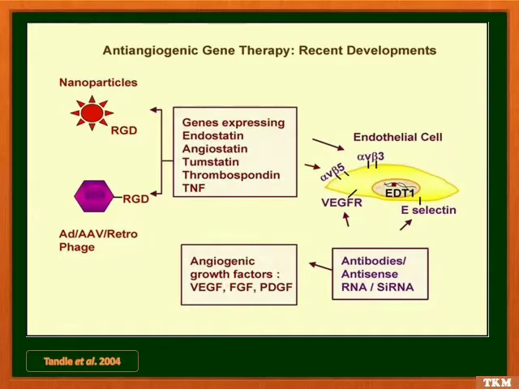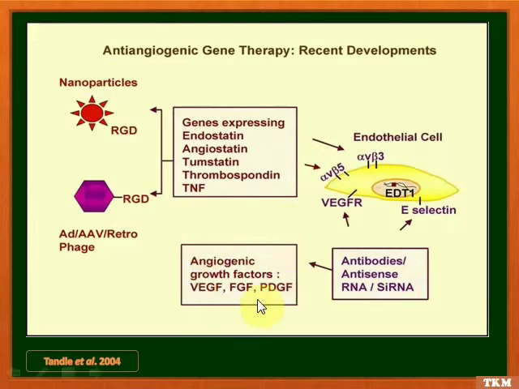Now, in this diagram, what we can see is that there are several approaches that are used to block the angiogenic growth factors, that is VEGF, FGF, PDGF. These all are angiogenic growth factors.